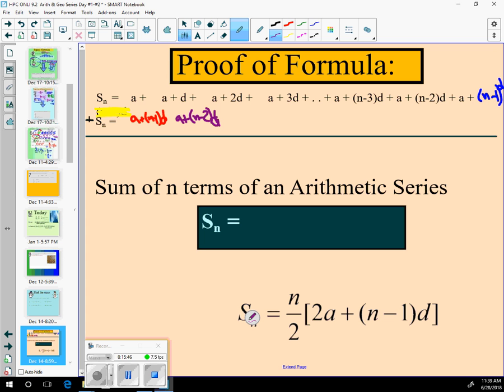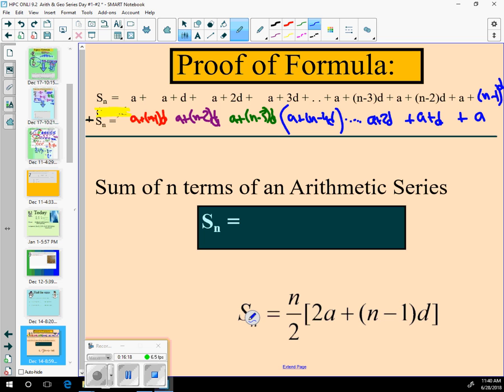Then a plus n minus 3 times d, then a plus n minus 4 times d. And at the end, you're going to have a plus d, and a plus 2d.